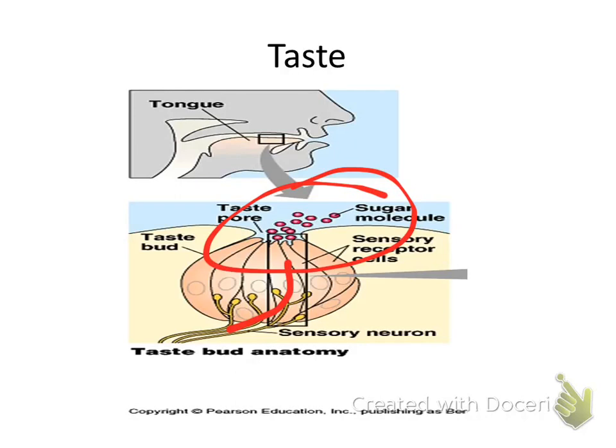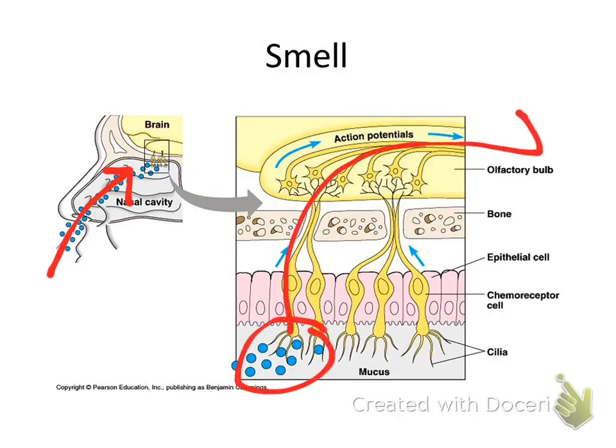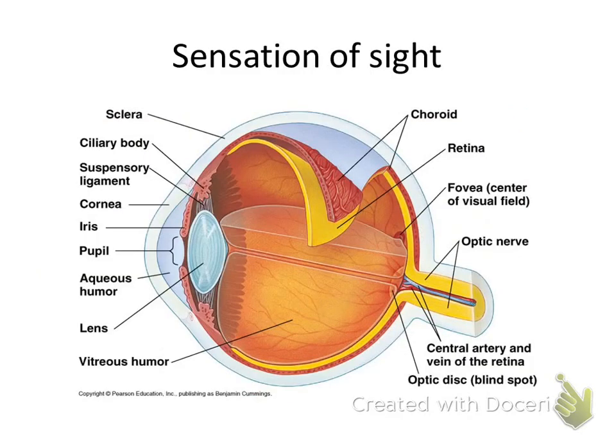Chemicals cause the depolarization of the different neurons, so remember that. Then smell is the exact same thing. The smell comes in, to chemoreceptors inside your nose, and right here you see how it depolarizes it and sends an action potential to the brain. So that would be smell. Your notes tell you that 80% of taste is actually smell. That's just an interesting fact.